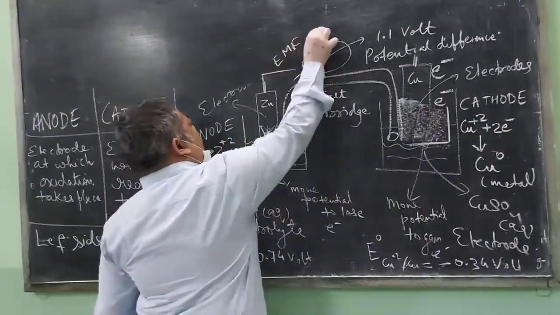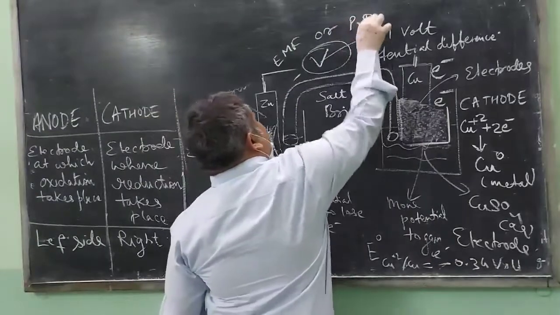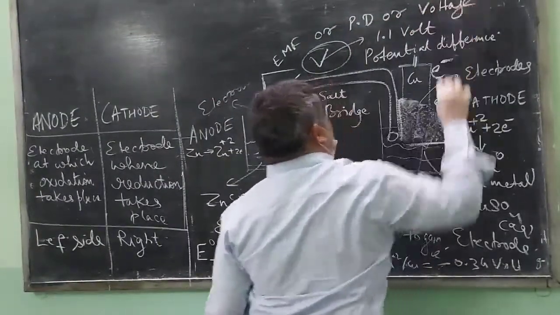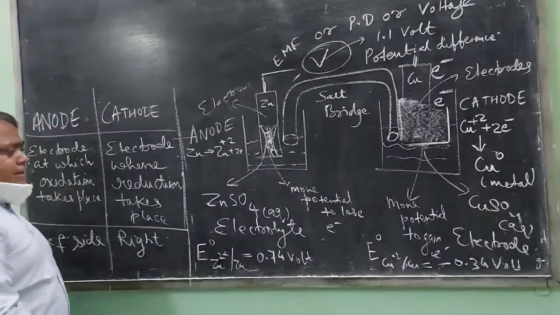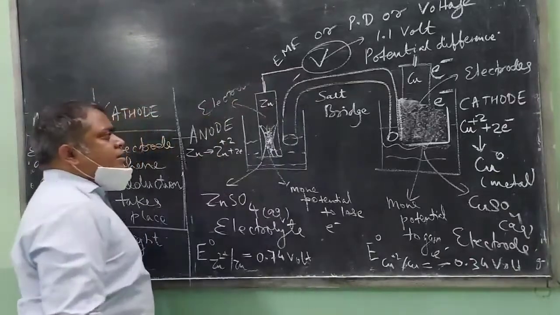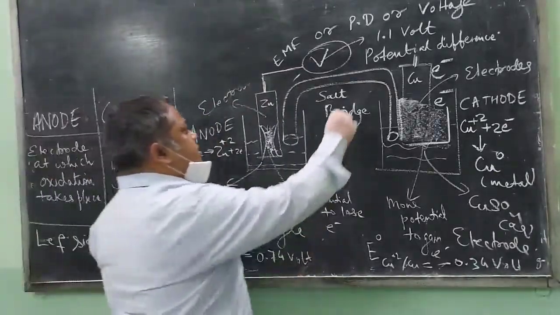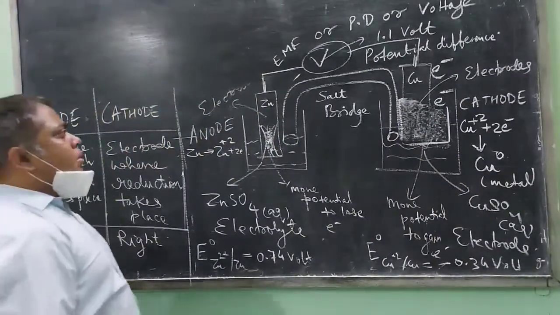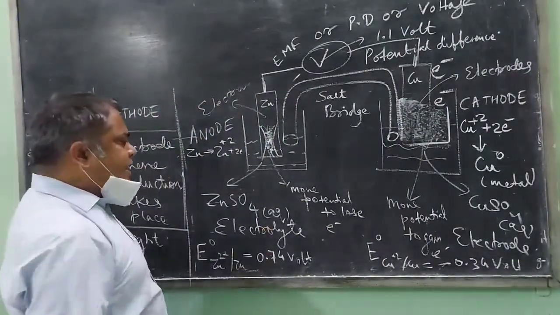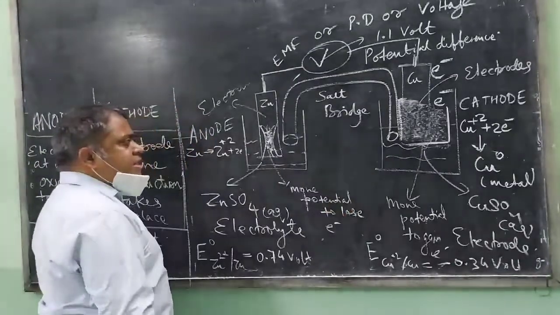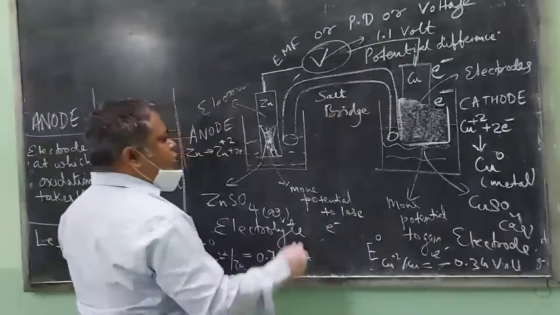EMF or potential difference or voltage, they are different terms, but more or less they are the same. We say EMF when the circuit is not in use, when there is no appliance connected to it. Voltage can be at any stage, because there can be dissipation of energy at any stage. Voltage can also drop.